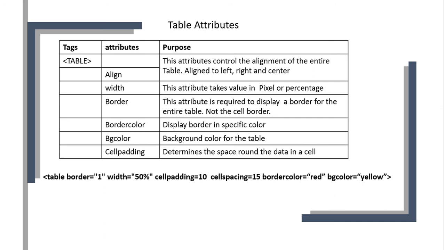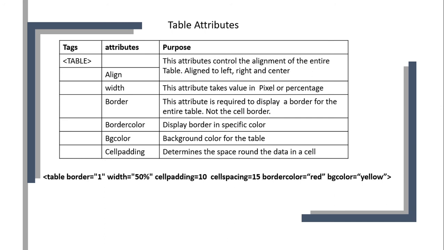Whenever you want to apply the width of your cells, we can apply the width attribute in pixels or in percentage. Border is a very important attribute. Why? Because suppose we write the table but do not write any border. We get the table in tabular format, but not a single line displays in your web page.